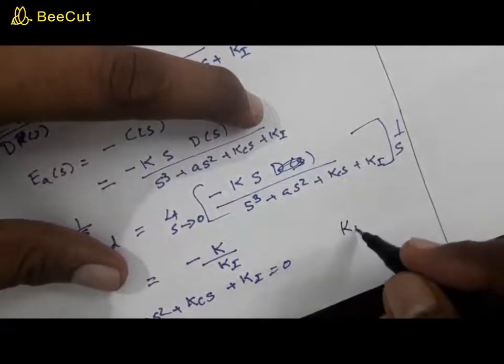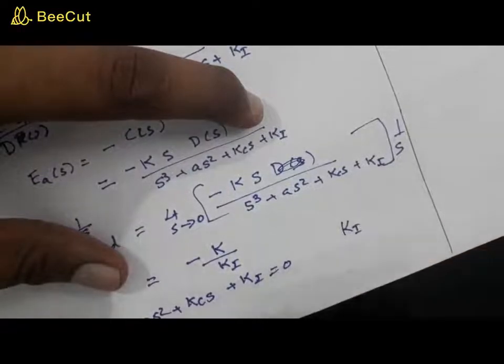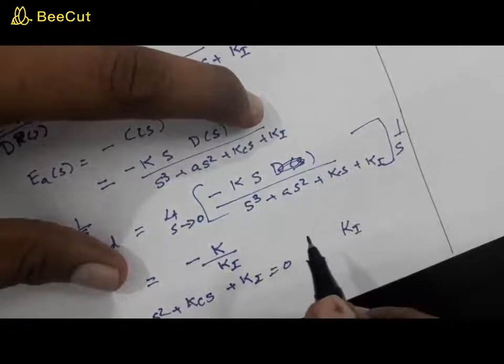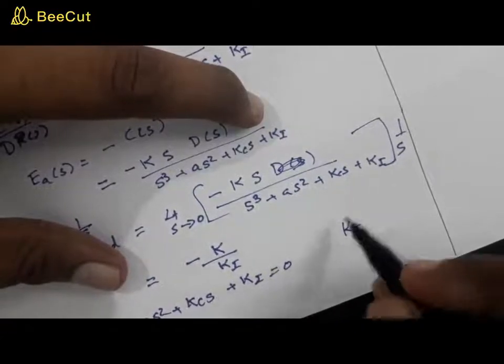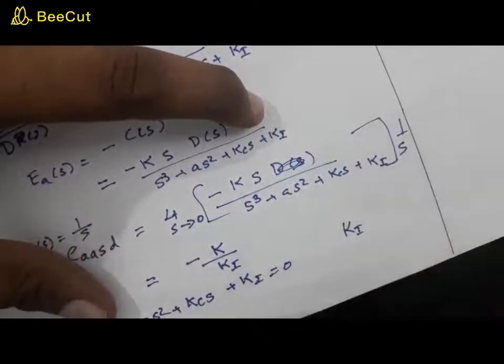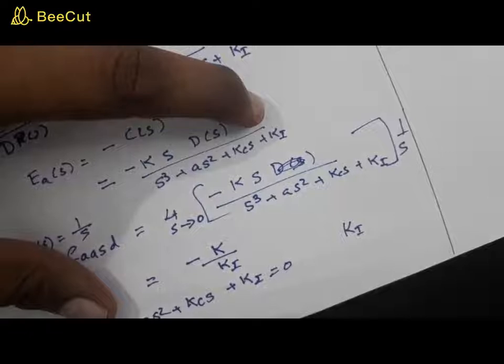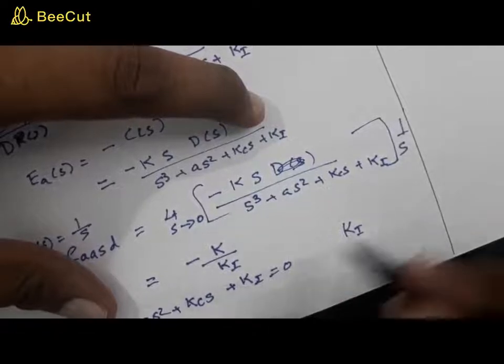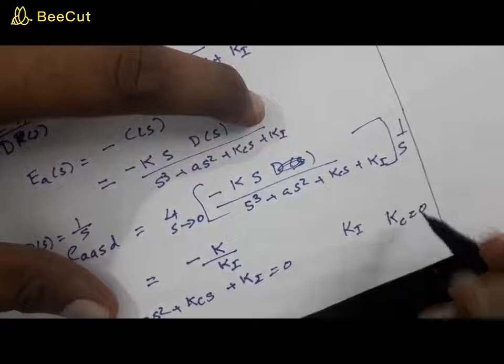Now if Ki becomes very large in this characteristic equation, from root locus information we know that as you increase K, it can go to an unstable state. Another point: what will happen if I am using only the integral controller? That means I am making Kc equal to 0.